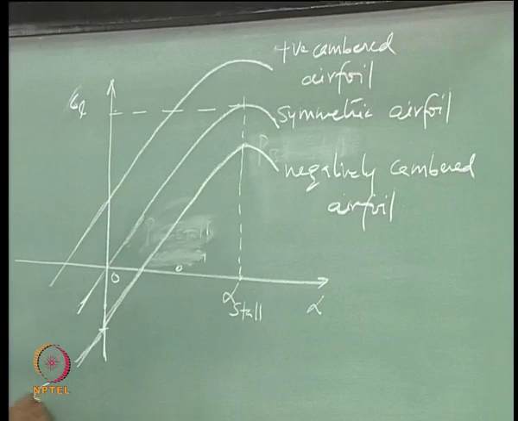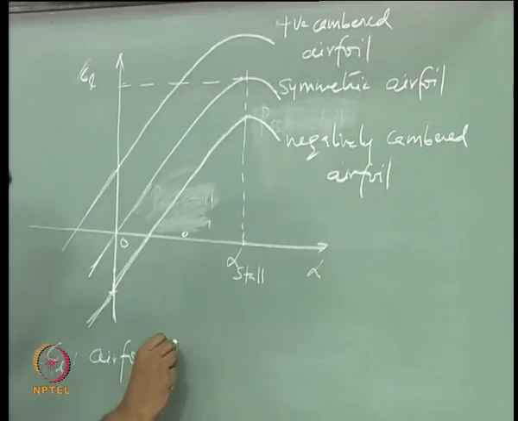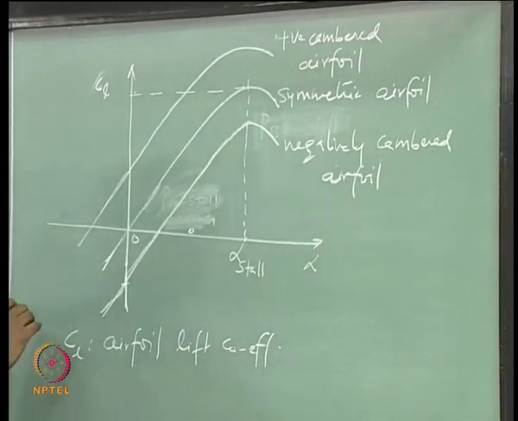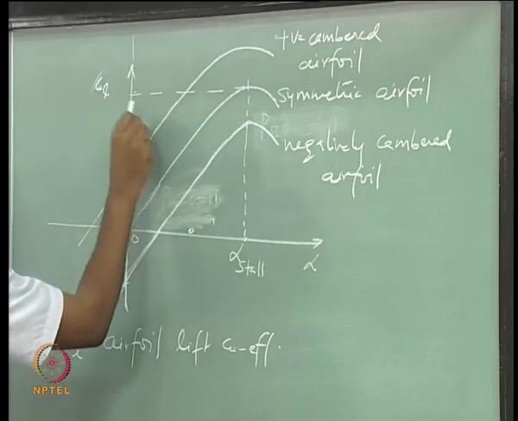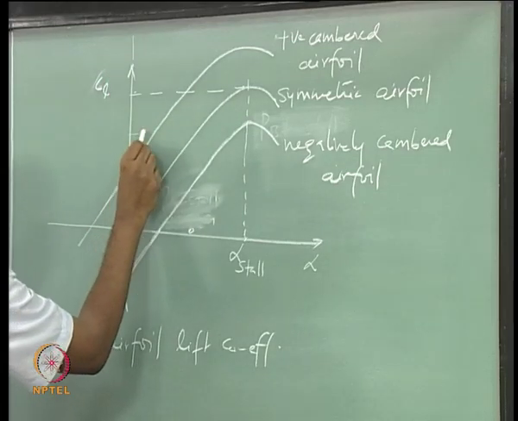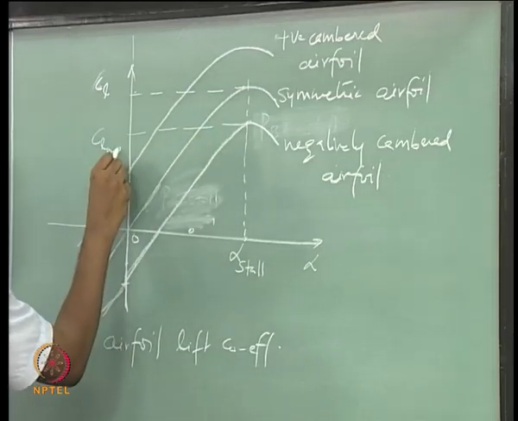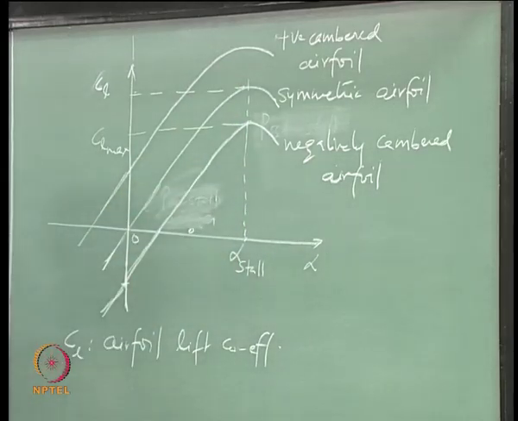So, CL is here, and you can see clearly the increase in the maximum CL that you can get in the three cases. Maximum CL is at alpha stall. Okay. So, where all these things come into the picture, let us look at that.